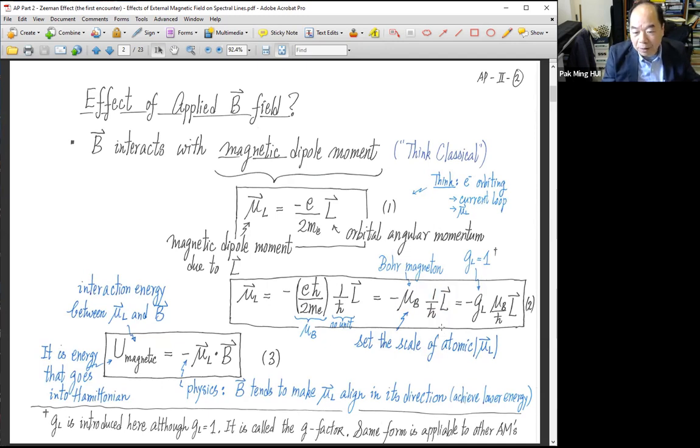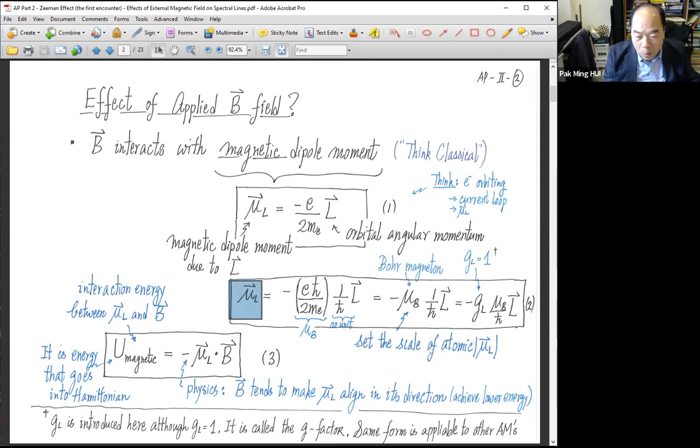The last step, I insert a 1 here. I inserted something called the g factor, but for this context, it's a boring 1. But in order to shape it into a more standard form, I include the g factor of 1 here. Okay, so let me summarize.